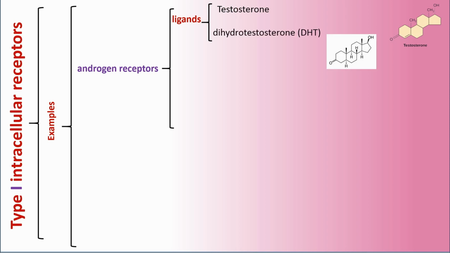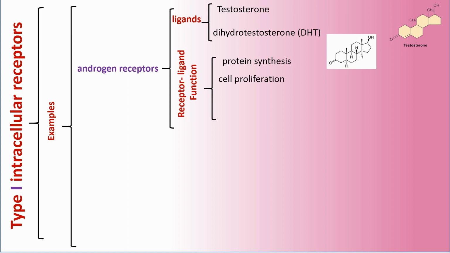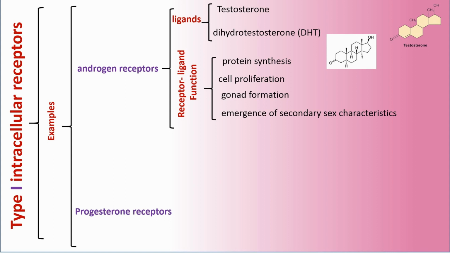Examples of type 1 intracellular receptors. Androgen receptors. Ligands of androgen receptors are testosterone and dihydrotestosterone or DHT. Androgen receptor ligand function: protein synthesis, cell proliferation, gonad formation, and emergence of secondary sex characteristics.